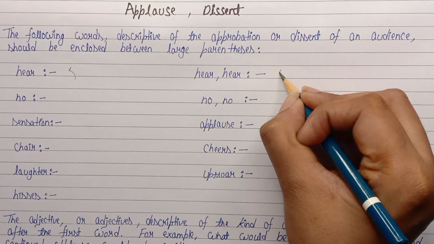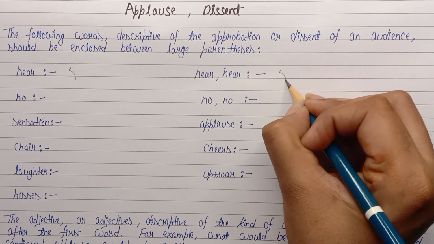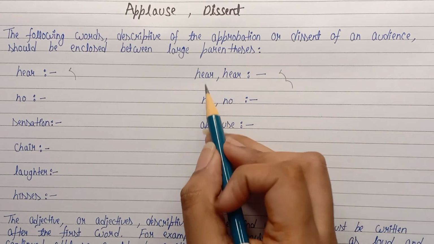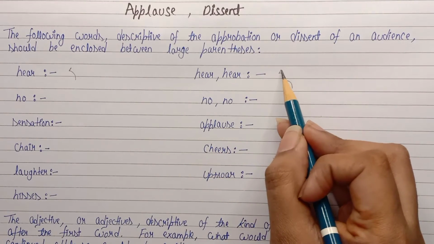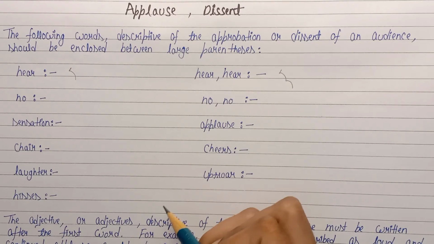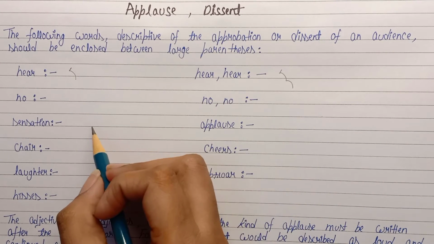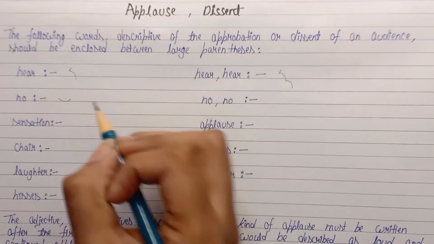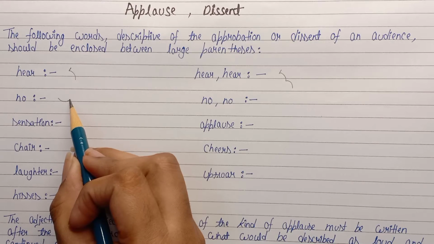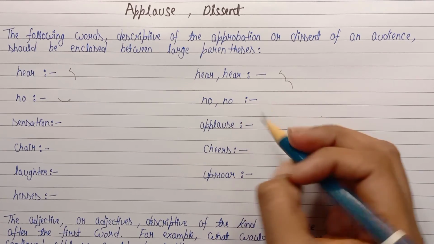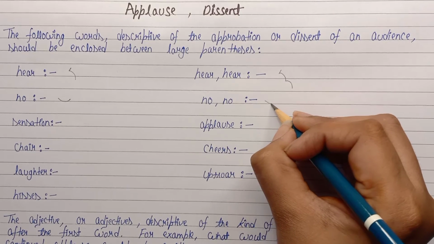So he, and here. Here. So here and then again R, here. Next, no. So we simply use N stroke. Next is no. Then no.